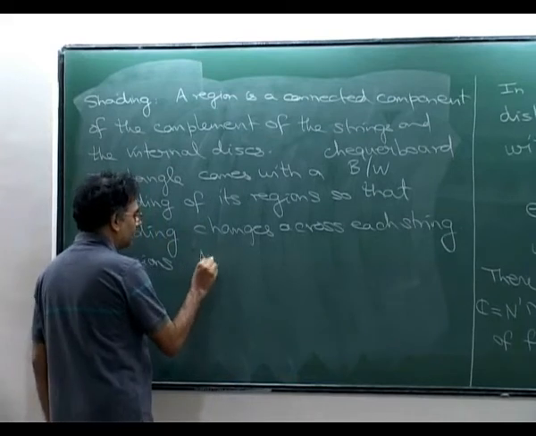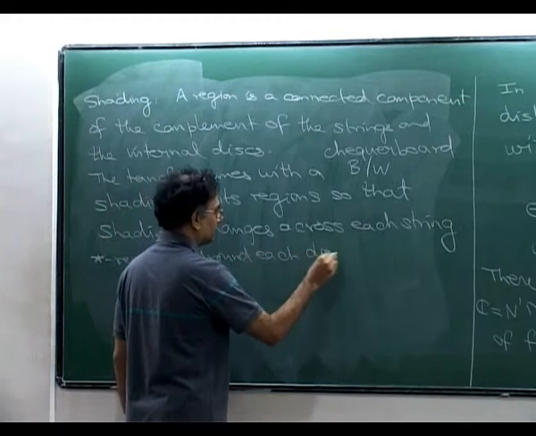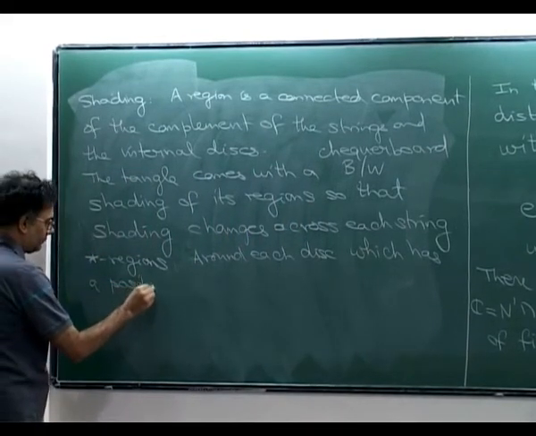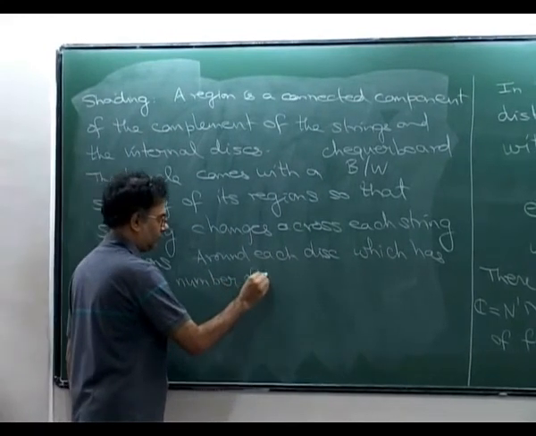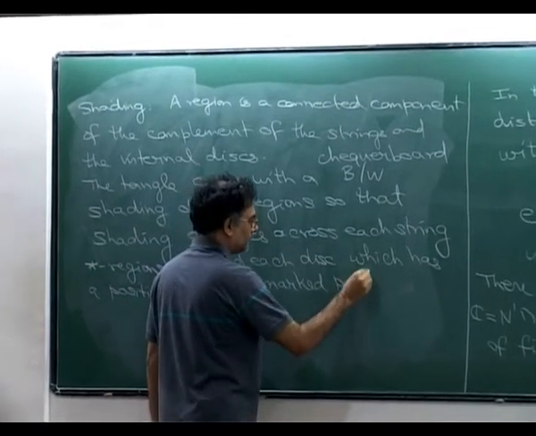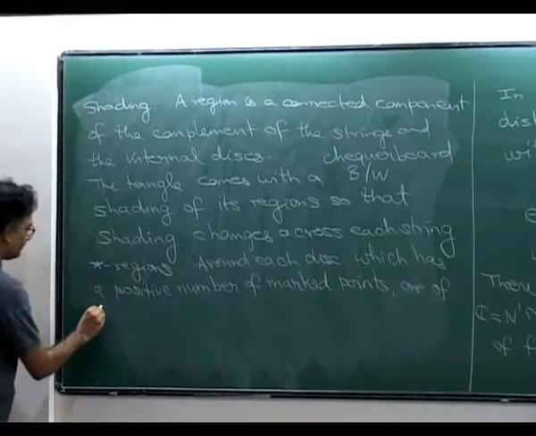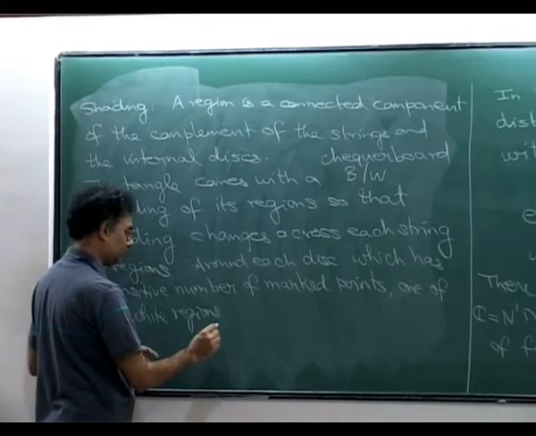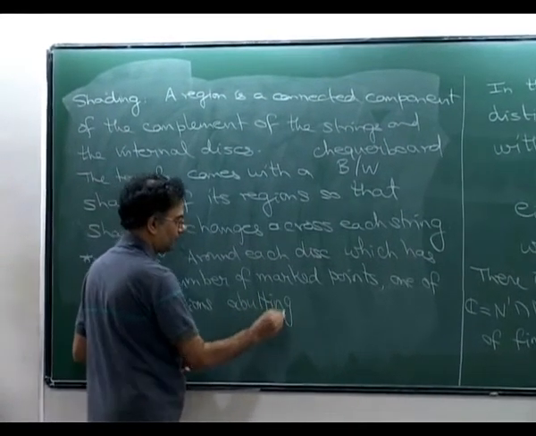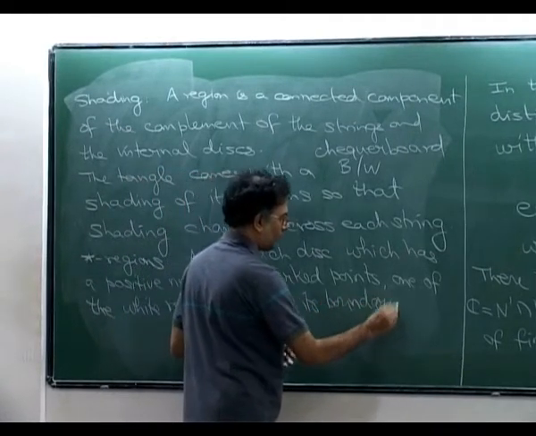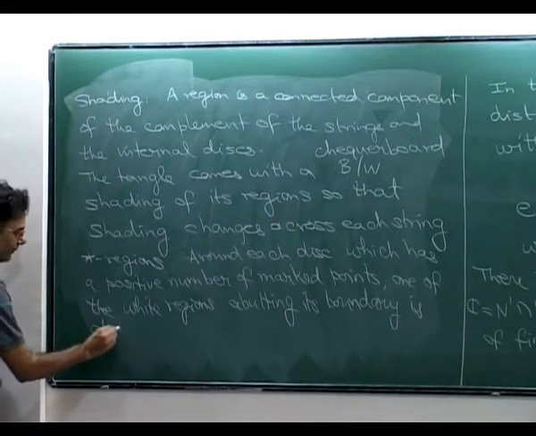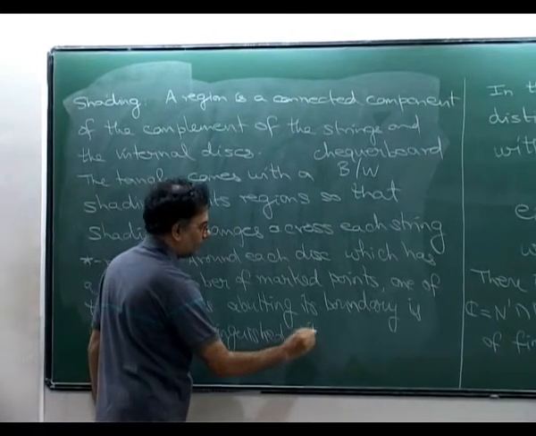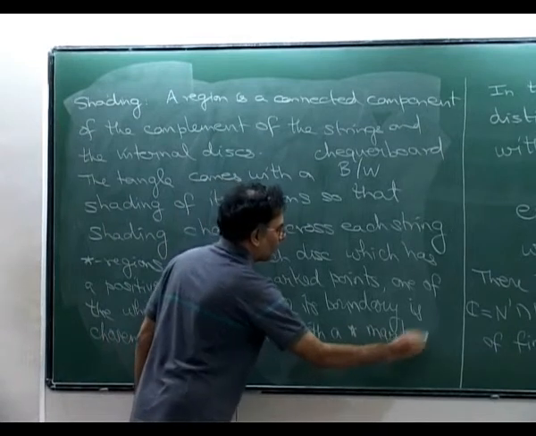Now, around each disk which has a positive number of mark points, one of the white regions abutting its boundary is chosen and distinguished with a star, marked near that boundary.